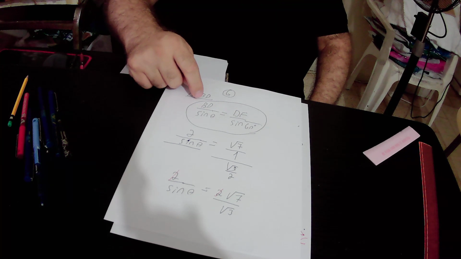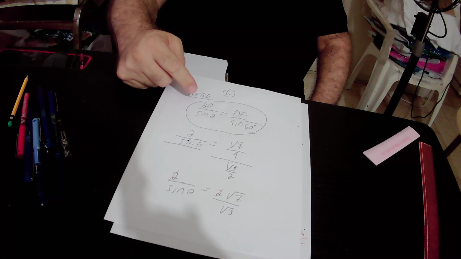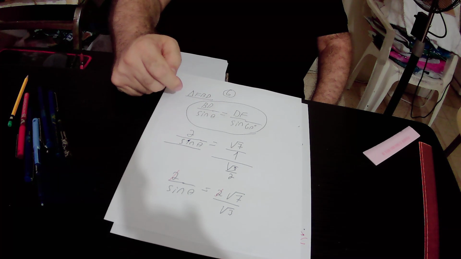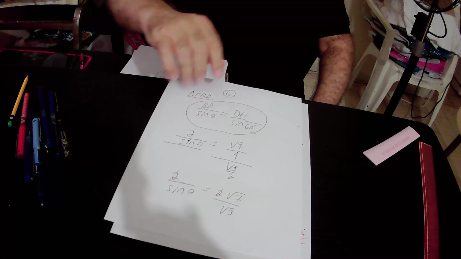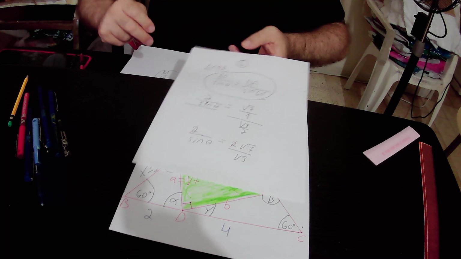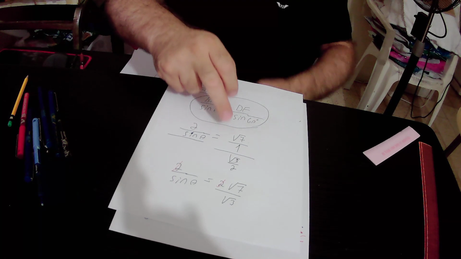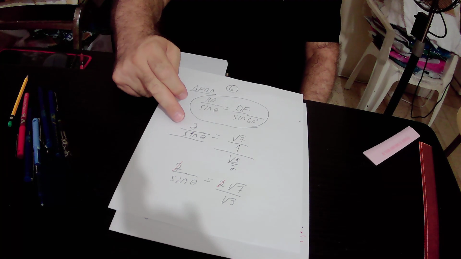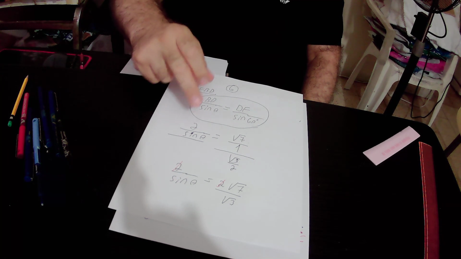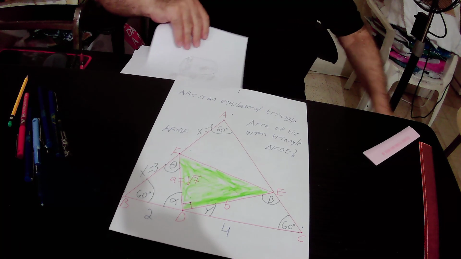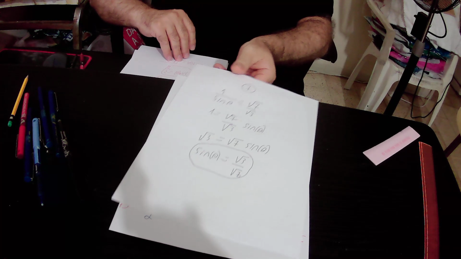We know that the value of BD is 2, and sine theta is the value that we want to find. DF equals root 7 units, and sine 60 degrees is root 3 over 2. So the only missing variable is sine theta. We solved this simple equality and found that the value of sine theta is root 3 over root 7.